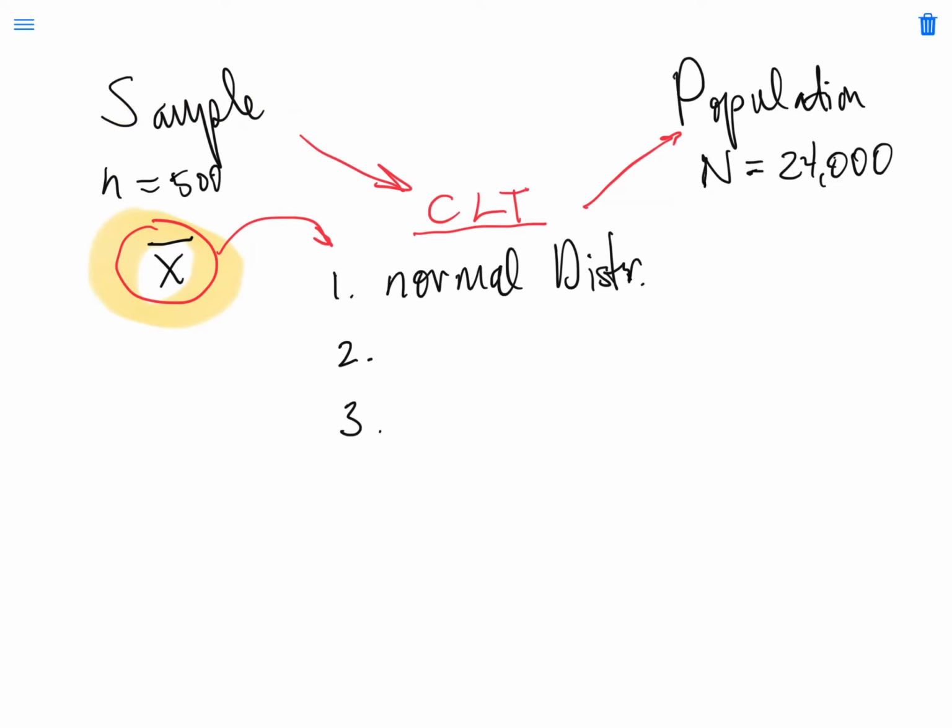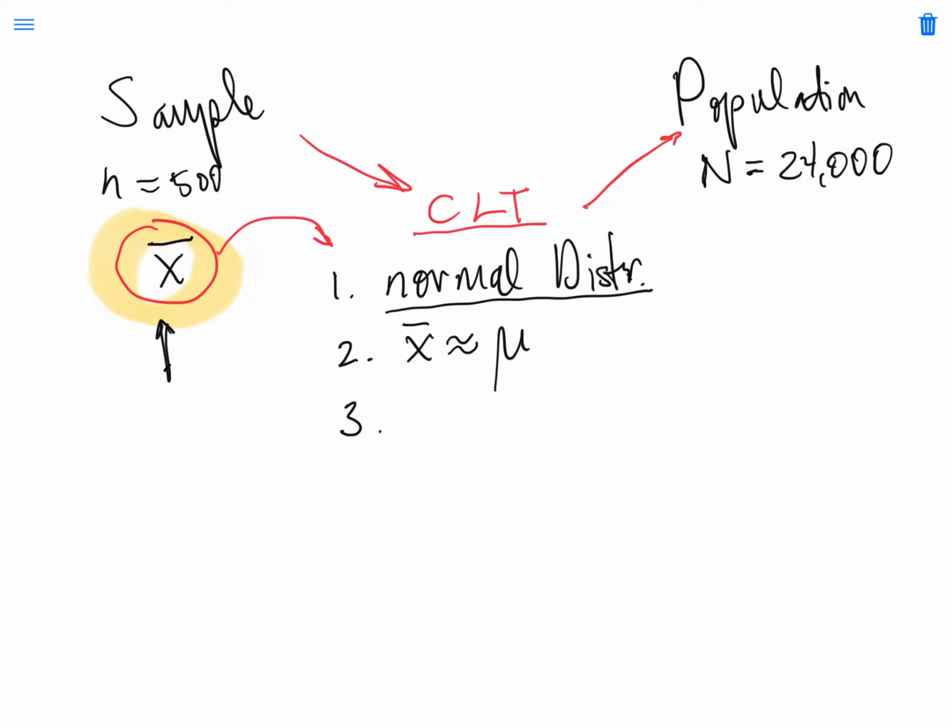Not only will it belong to a normal distribution, but the sample mean will be essentially equal to the mean of this distribution. Okay, so our sample mean from our sample will be the mean of this theoretical normal distribution.